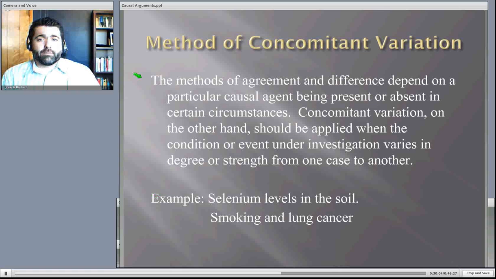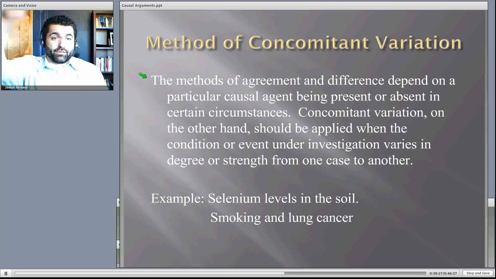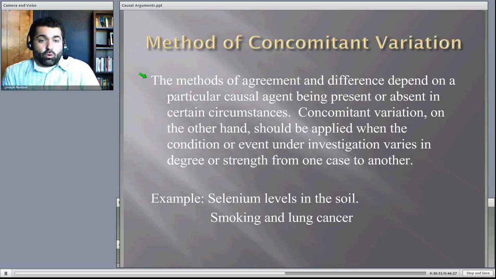The final method is a fun one, concomitant variation. The methods of agreement and difference depend on a particular causal agent being present or absent, but variation, on the other hand, should be applied when the condition or event under investigation varies in degree or strength from one case to another. So you see, it's not an all or nothing, it's more or less depending on whether something's present more or less.